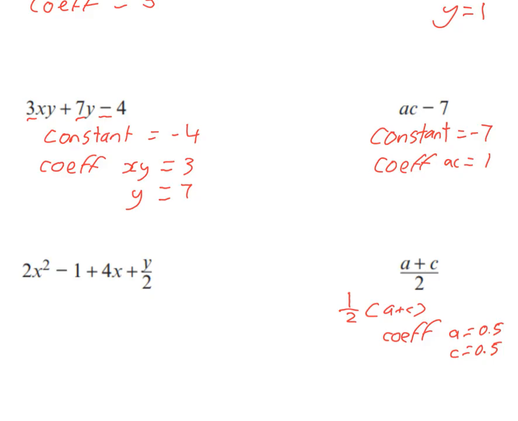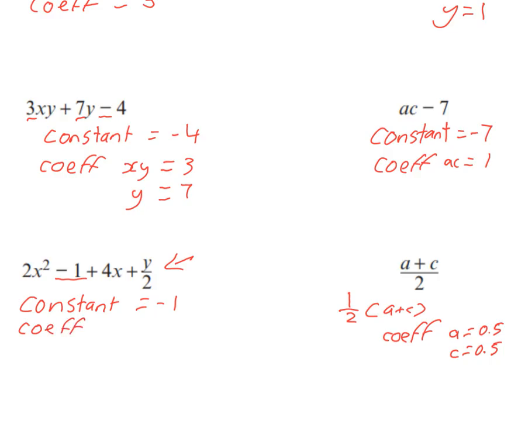Now, our last one that we're going to have a look at over here, 2x squared take 1 plus 4x plus y divided by 2. So, actually first up we'll look at the constants. Constant is going to be -1. Now, coefficients, we've got a few different things around the place.